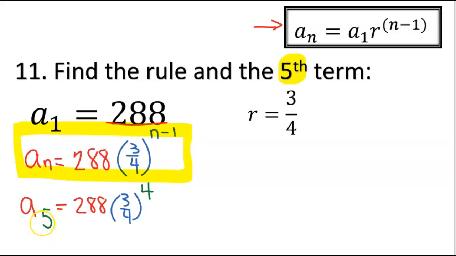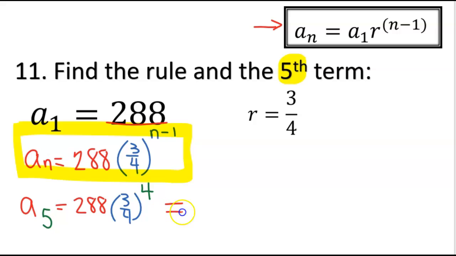If I'm looking for the 5th number, I raise it to the 4th power because the rule says I have to subtract a 1. So then you're going to put 288 parentheses 3 divided by 4 raised to the 4th power into your calculator.